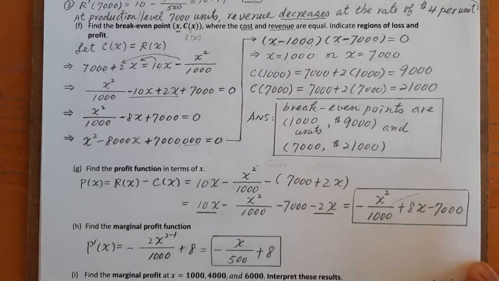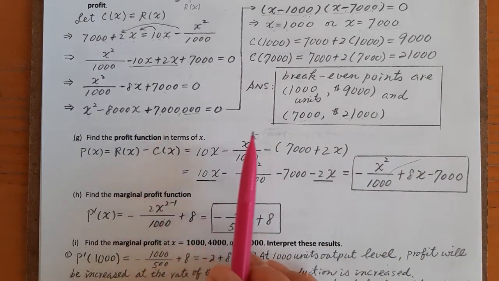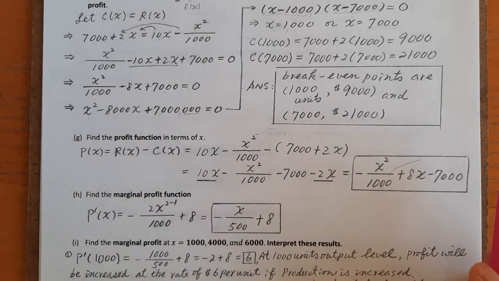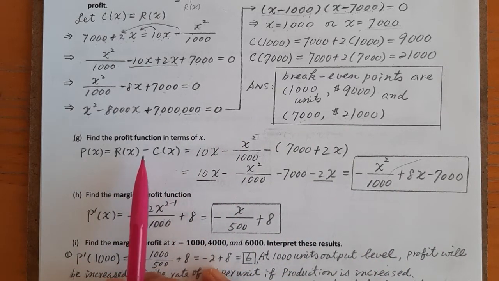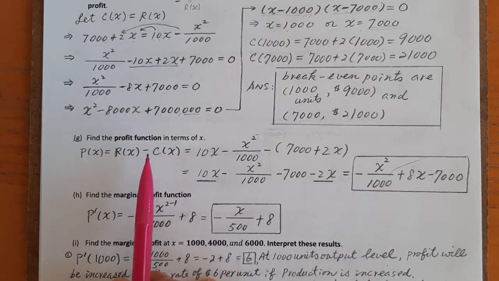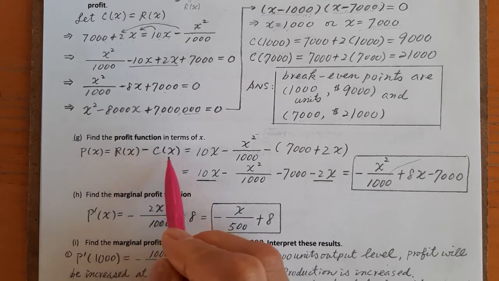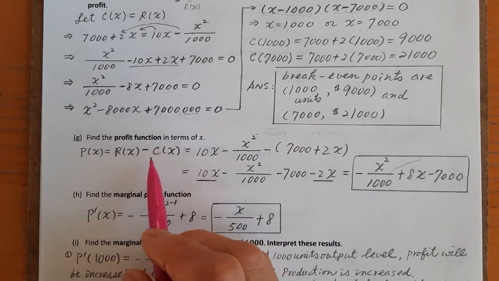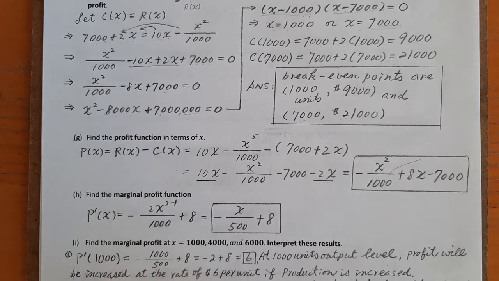And G, find the profit function. Profit is revenue. Revenue is money, income. You sell the product and the money comes in, but you have to subtract your cost, and you will get your net profit, P of x, the profit function.